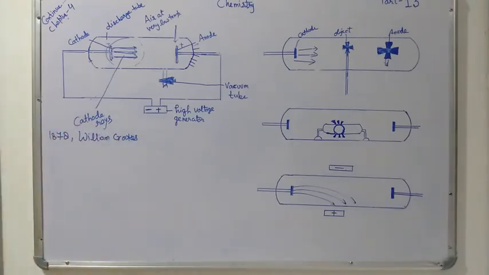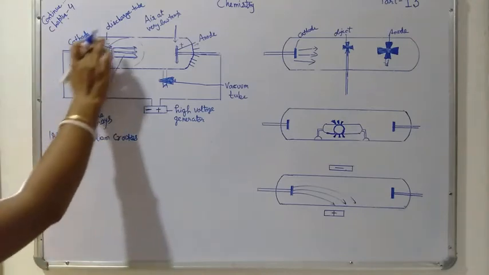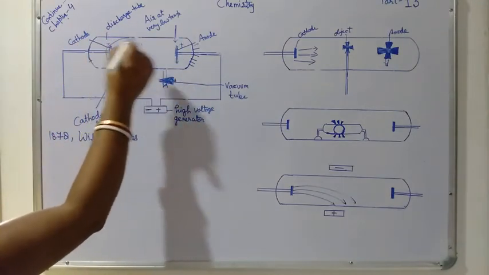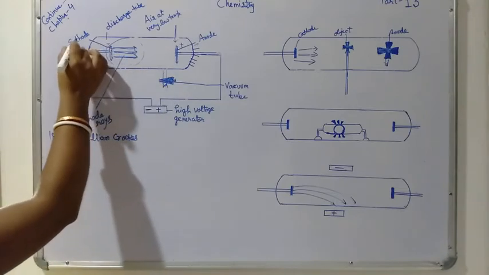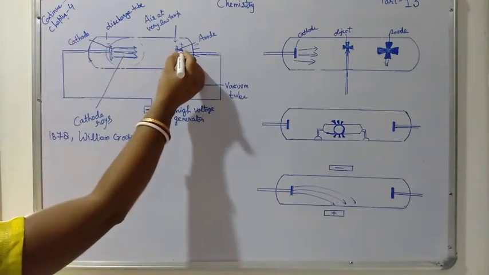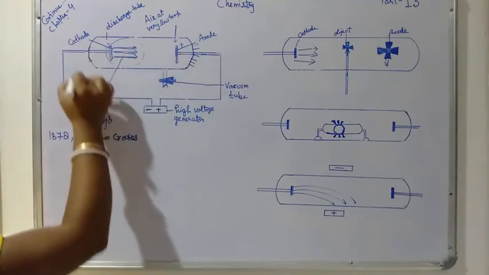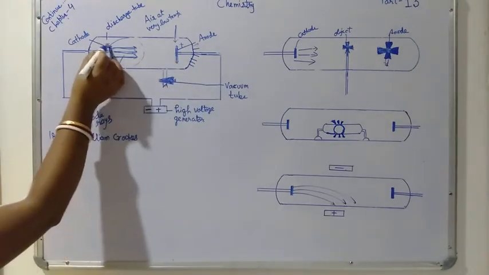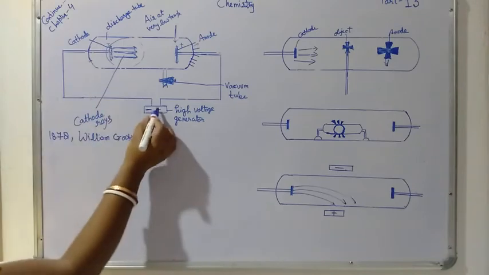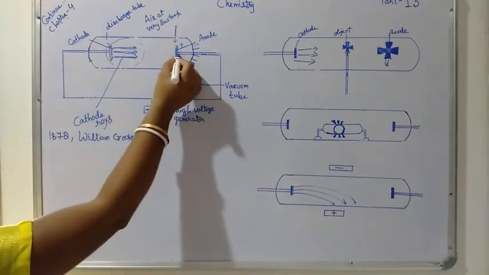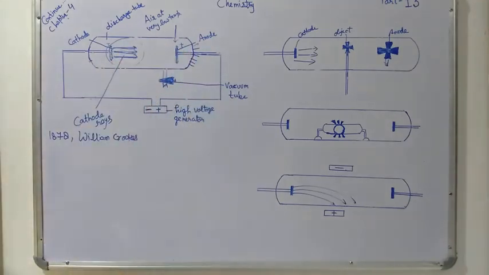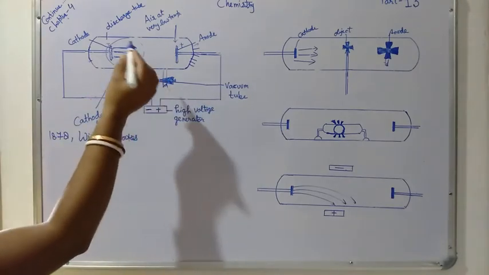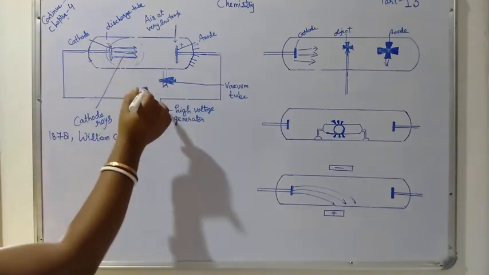Now listen again, all of you. He took one discharge tube, and in it he fixed two plates. One is negative, called the cathode, and one is positive, called the anode. With the help of the vacuum tube he filled one gas or air at a very low temperature.